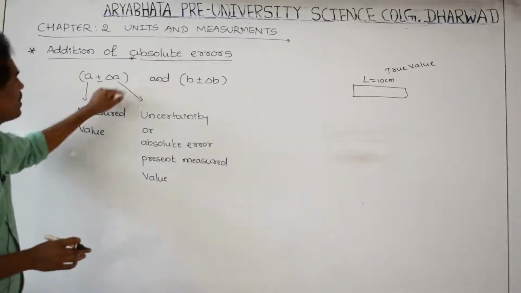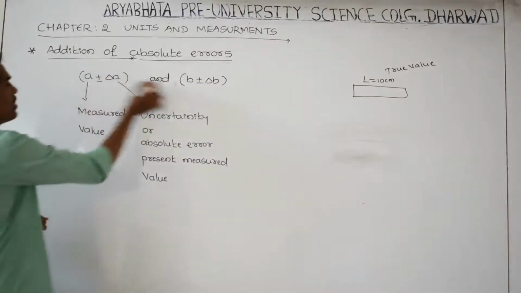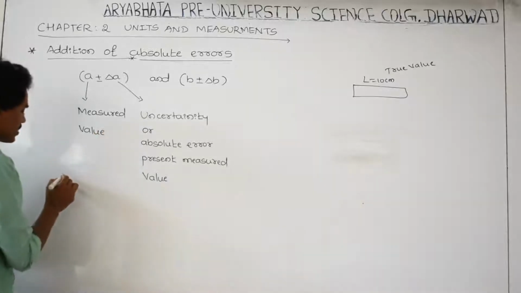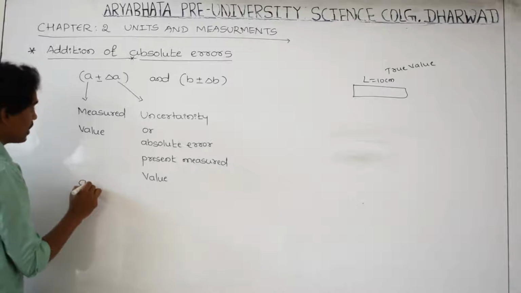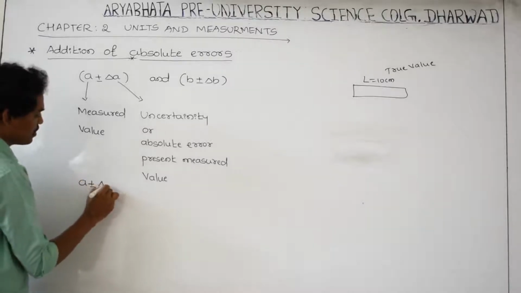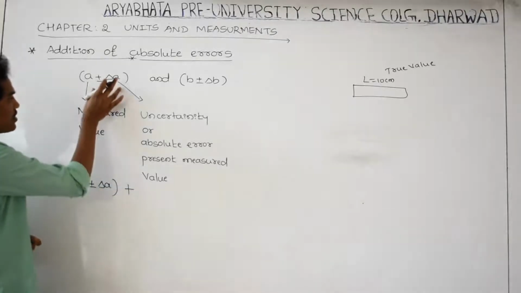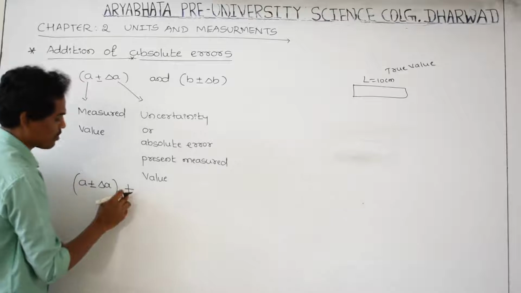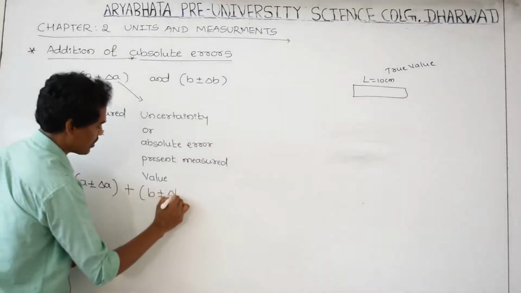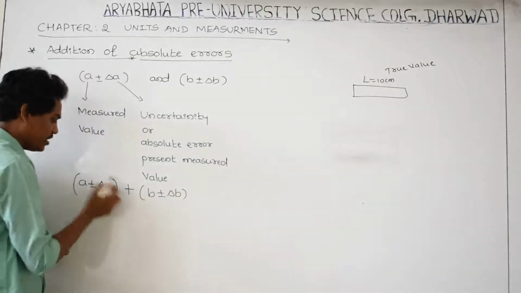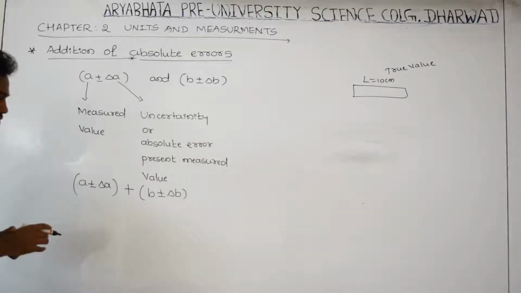And how to add these two values? Let us take, I am adding A plus or minus delta A and B plus or minus delta B. This is one quantity, this is another quantity, and that is an addition.